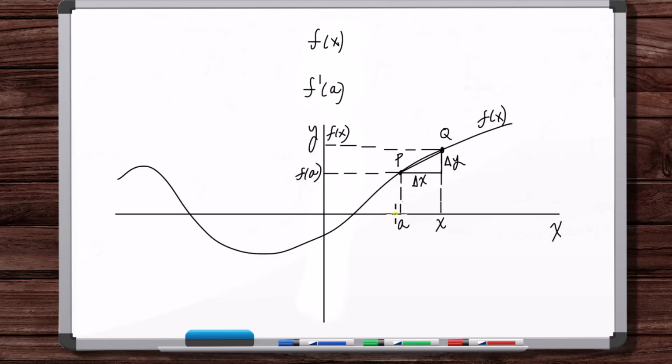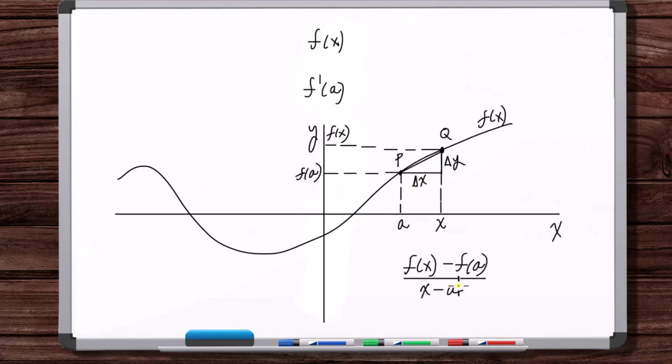And so the difference quotient here, if we use the notation that's laid out as shown, the delta y is f of x minus f of a, over delta x, which is just x minus a.